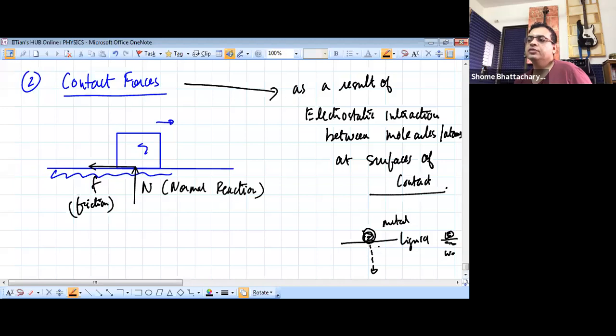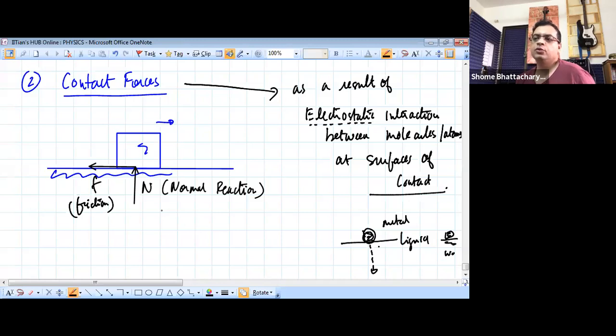Why don't the wooden surface molecules separate as they are pushed by the weight of this object? Because they have a stronger rigidity. They are rigidly attached to each other. So why are they rigidly attached to each other? That is again because of the intermolecular bond. And again, where is the intermolecular bond coming from? It is coming from the charged particles that the molecules and atoms consist of. So any type of contact forces at the fundamental level, which type of interaction are they? They are electrostatic interaction.